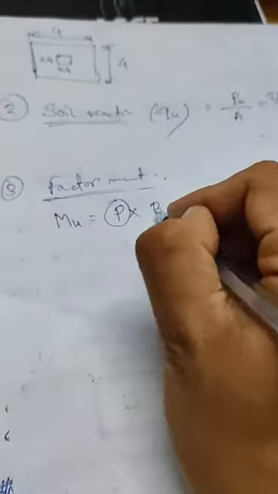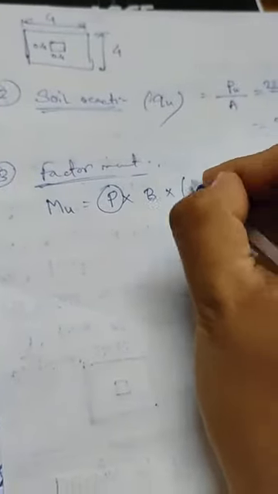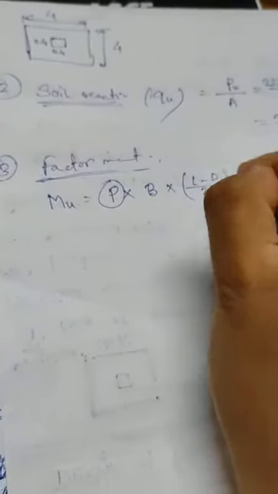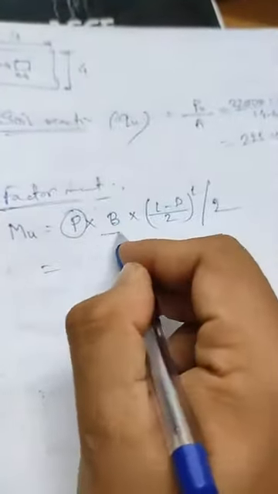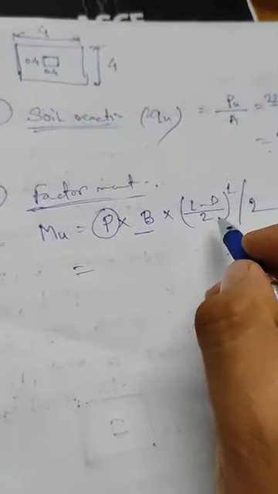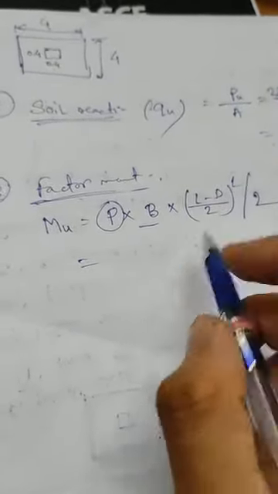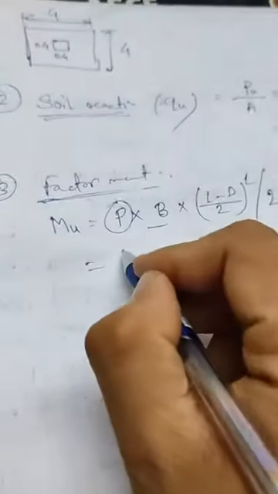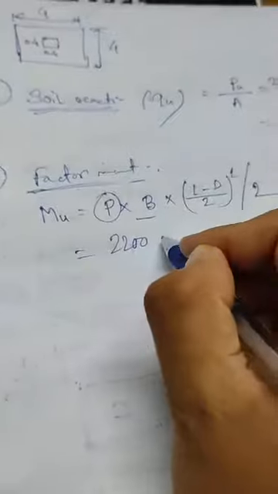B is the breadth of the footing, L is the length of the footing, and D is the size of the column, that means any side of the column.